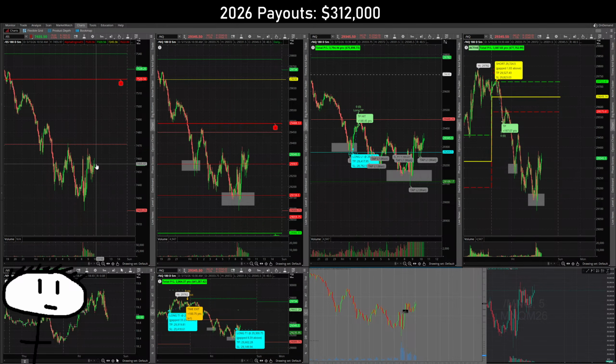That whole model I was talking about, where ES failed to hit the higher high and we had a higher high here, means on this ES dip we should be longing on NQ.